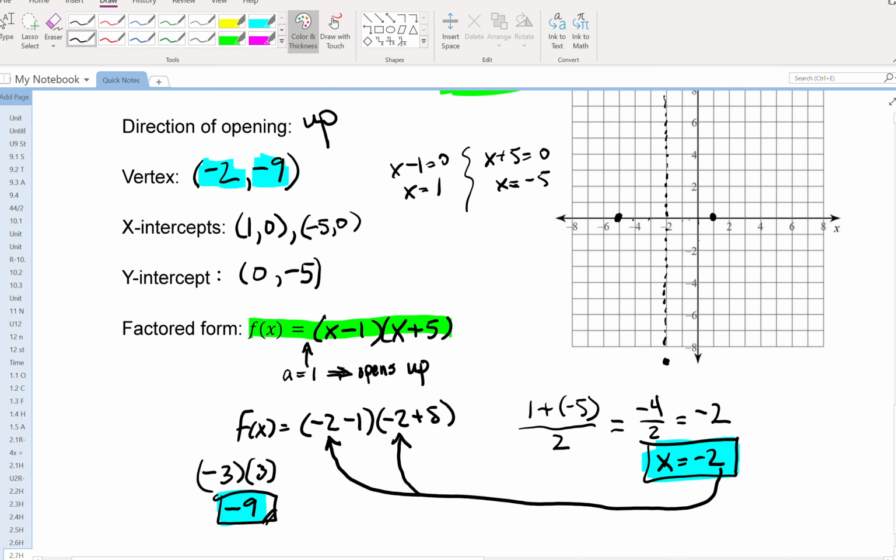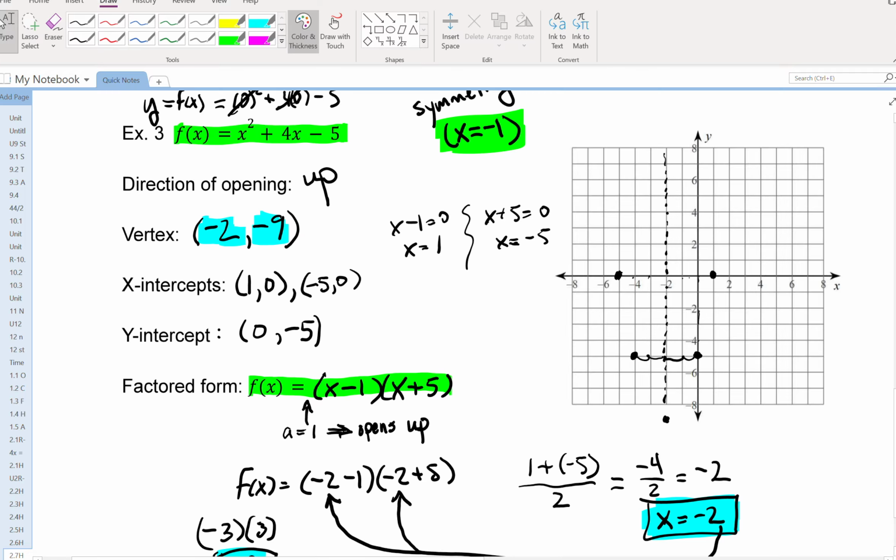So go over here, 0, down, -2, -4, and -5 would be right there. Because I have the axis of symmetry, I can go 1, 2 units to the axis of symmetry, and then 1, 2 units on the other side, and I've got another point. So that's kind of a freebie there. And then I can graph this. It goes like this. And it should look the same on both sides.